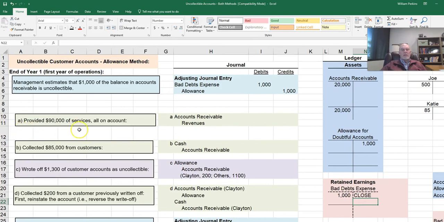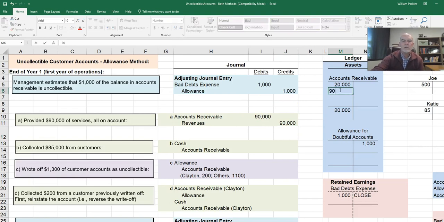We provided $90,000 of services on account. Well, we're going to debit accounts receivable and credit revenues for $90,000. And the debit, we're only going to keep up with the accounts receivable part on this.